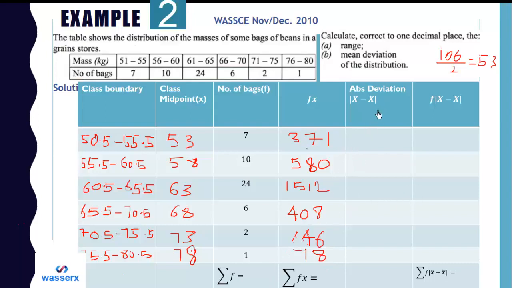Then we'll find the absolute value of the deviation. Now we need to determine our mean first. So the mean is given by sigma fx over sigma f. We need to find sigma fx, the summation of all these, and that will give us 3095 rather. Then sigma f, which is the summation of all the frequencies, is 50.